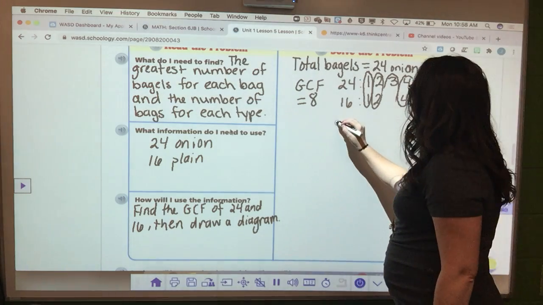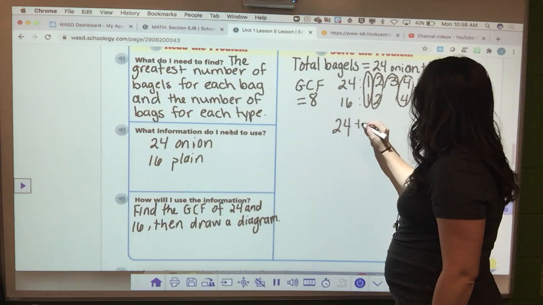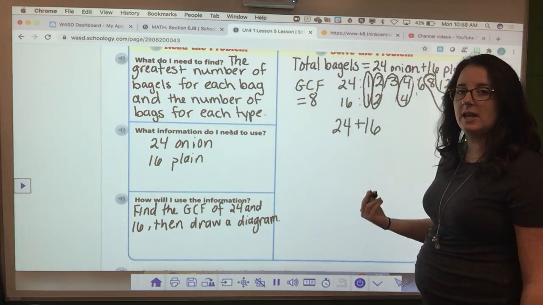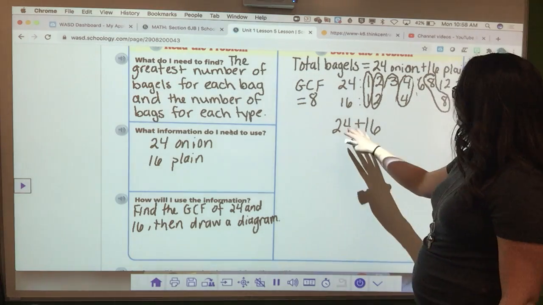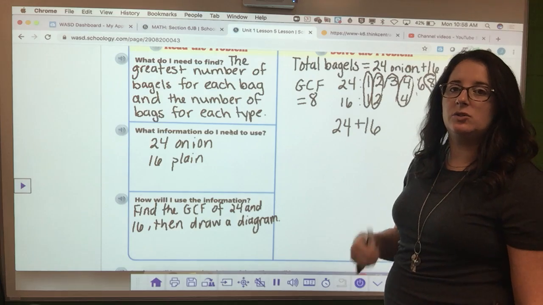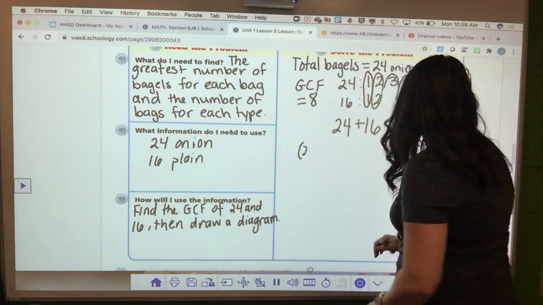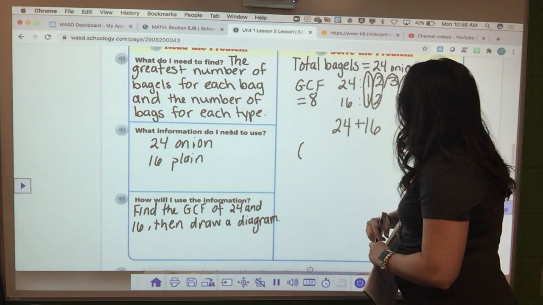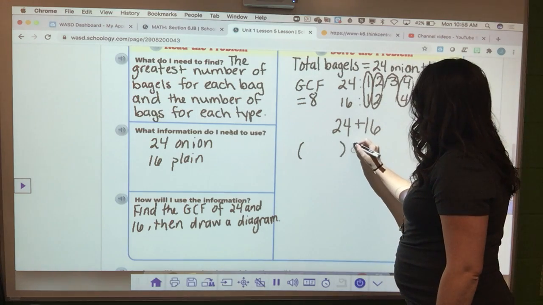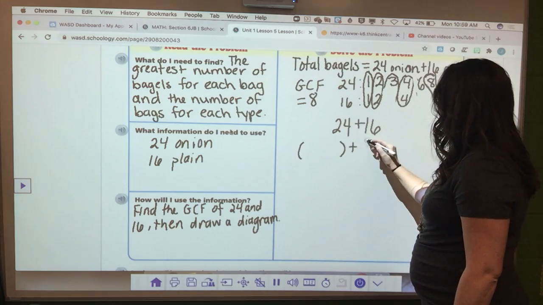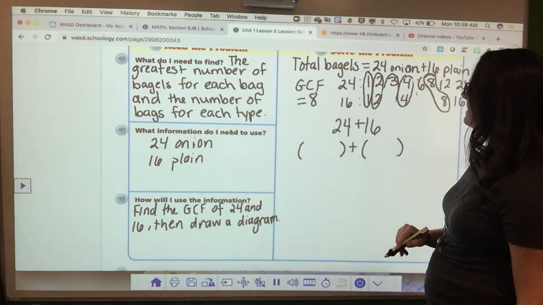So next, I'm going to bring down that addition problem of 24 plus 16, and this is just like we did on Friday. We're going to break it apart into 2 multiplication problems. So we have 2 numbers that we can multiply to get 24, and 2 numbers we can multiply to get 16.